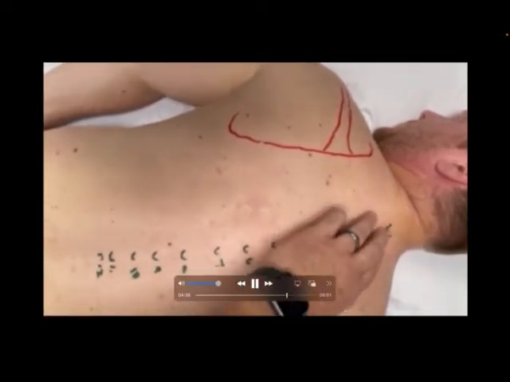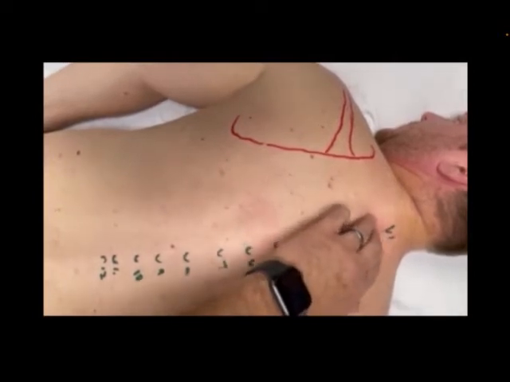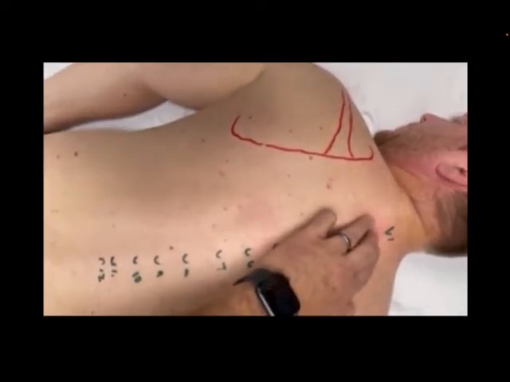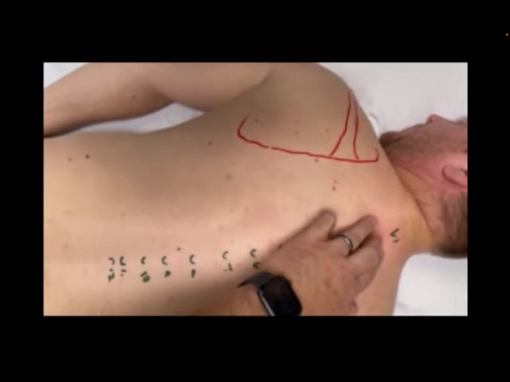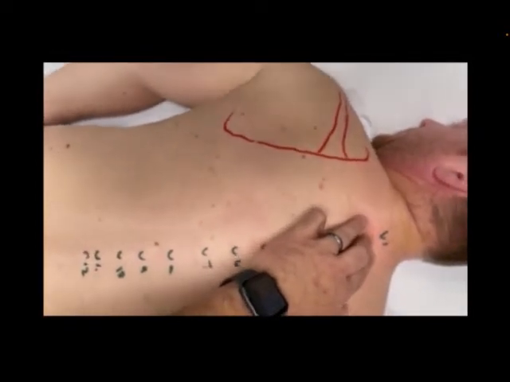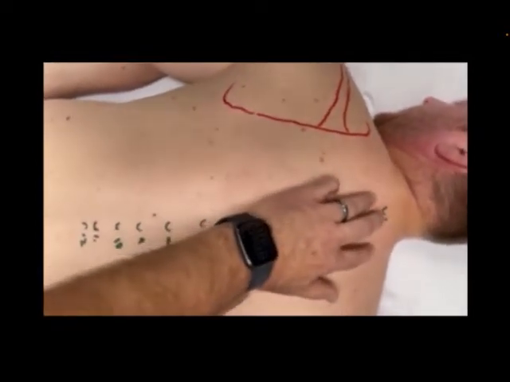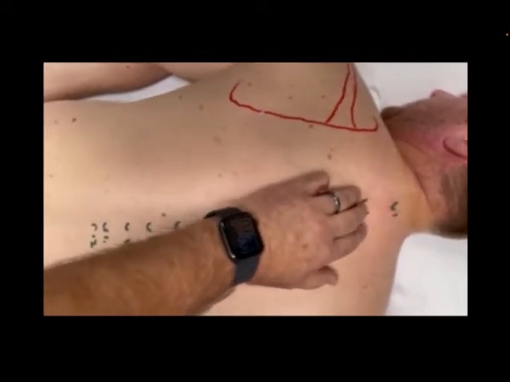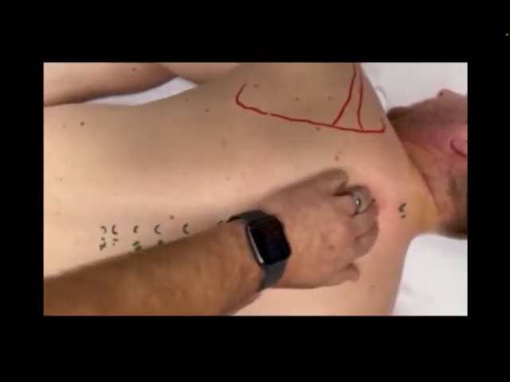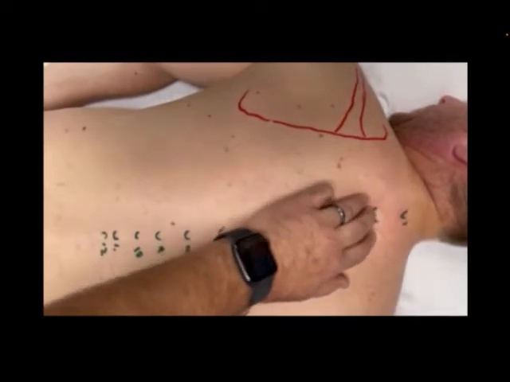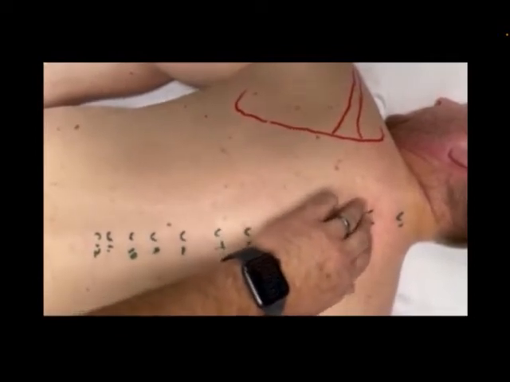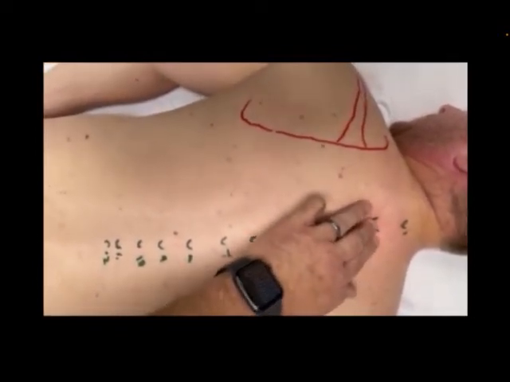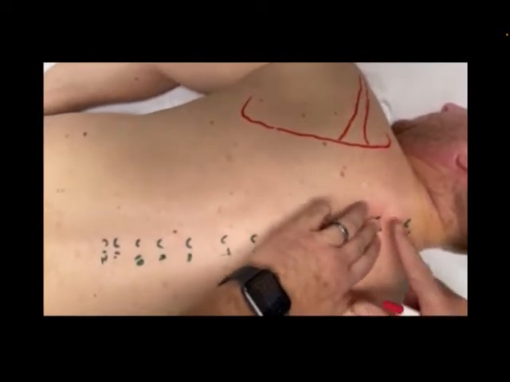So when we start at T1, talking about transverse processes in relation to the spinous process. At T1-2, if your finger is on the spinous process of T2, then the transverse process is going to be 1 finger width cranial to that.